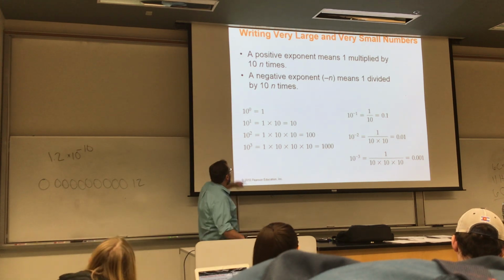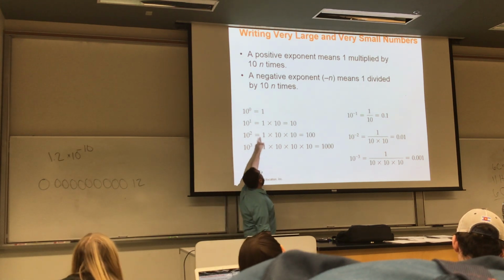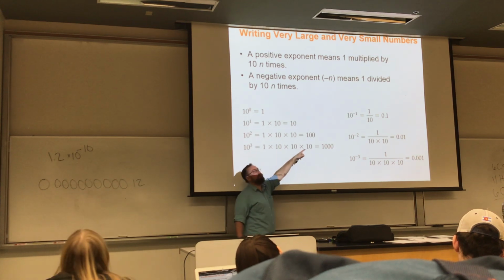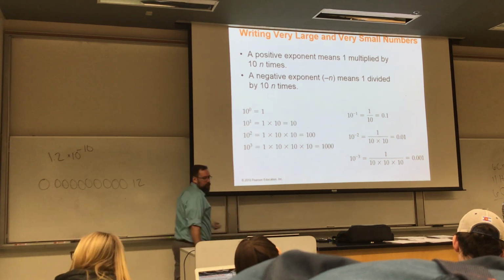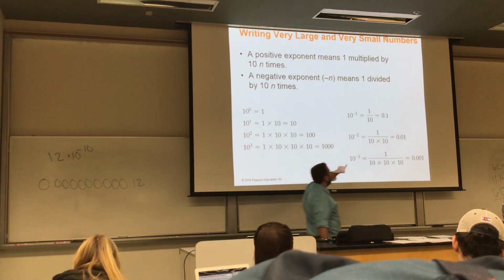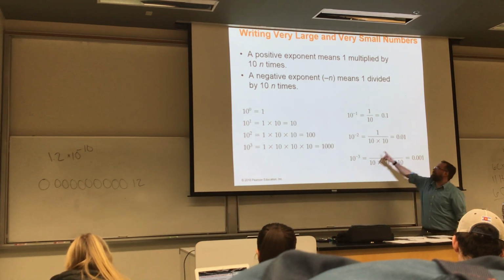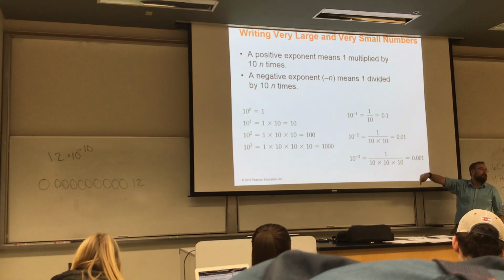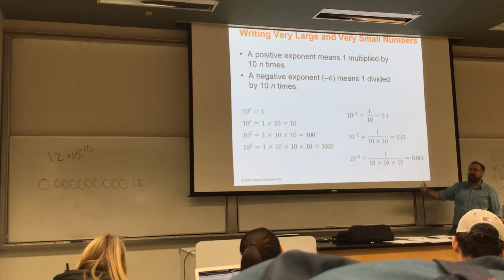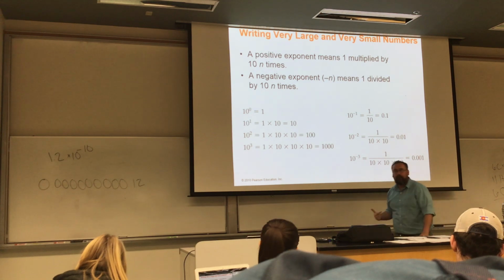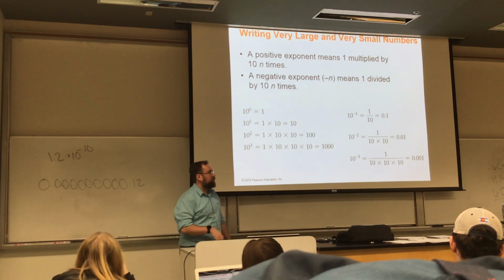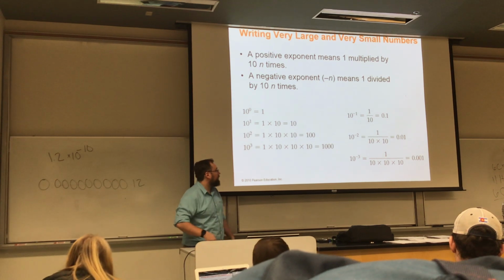So 10 to the second, 1 times 10 times 10, we get 100. If we put a negative, that tells us it's the reciprocal, meaning it's 1 over that value. So 10 to the negative 1 is 1 over 10. Negative 2 is 1 over 100, 0.01.